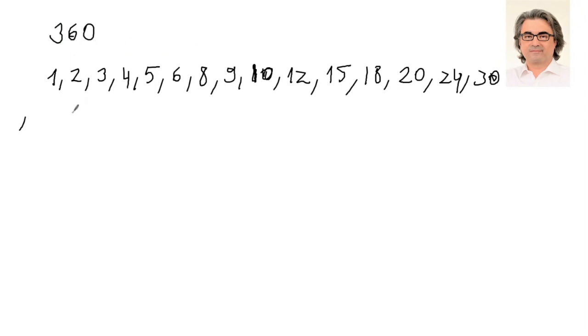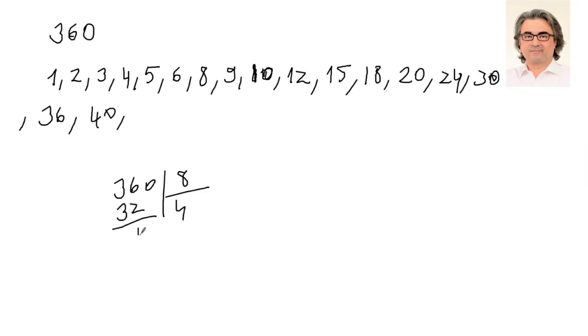Sorry, this is 10. 10 times 36. 9 times which number? 40. 8 times which number? Divide somewhere. 4 times 8 is 32. 4 and 5. I should write here 45.